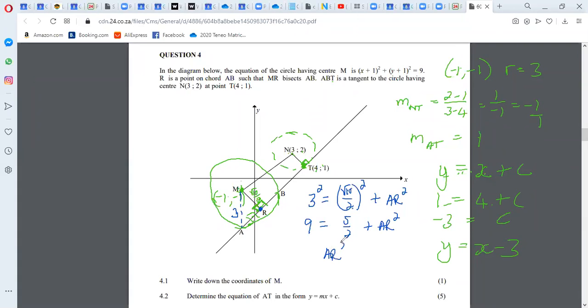So AR squared equals 9 minus 5 over 2. And if you work that out, you should get 13 over 2. You can check me. And then AR, if you square root, will be root 13 over 2. So therefore, AB will be twice that.